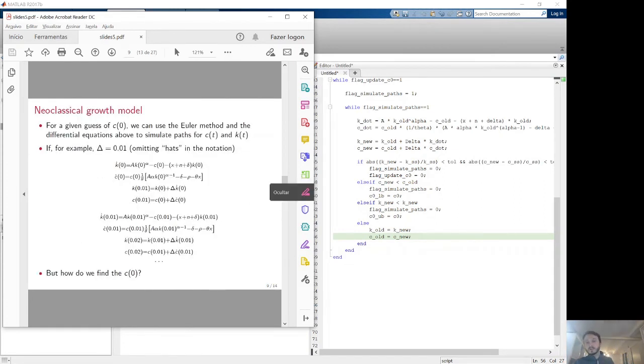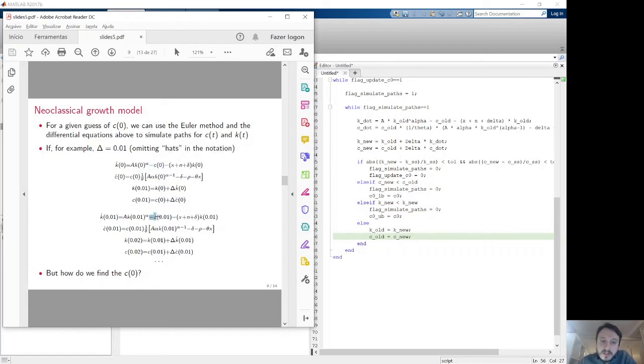Let's understand this part of the code. We are in a given iteration in which we calculate the new value of capital and the new value of consumption, and they depend on the old value of capital and old value of consumption that we calculated. When we go to the next iteration and we want to calculate one more value for capital and consumption, the old value of consumption is not C0 anymore in this example.